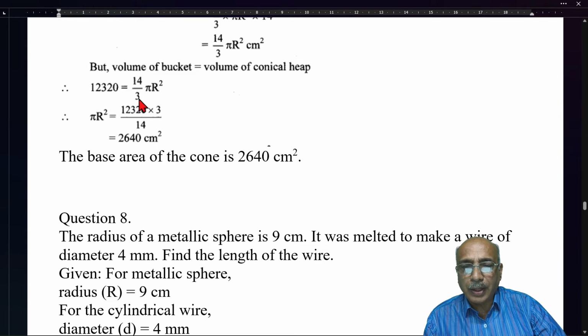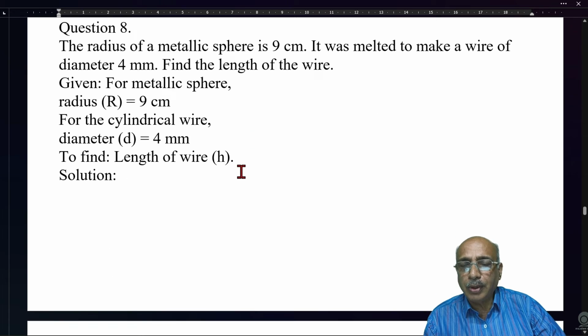We want pi r square, so multiply this 3 in the numerator on the opposite side and bring 14 into the denominator, so pi r square equals 2640 centimeter square. That is nothing but the base area of the cone: 2640 centimeter square. Next problem, question 8.